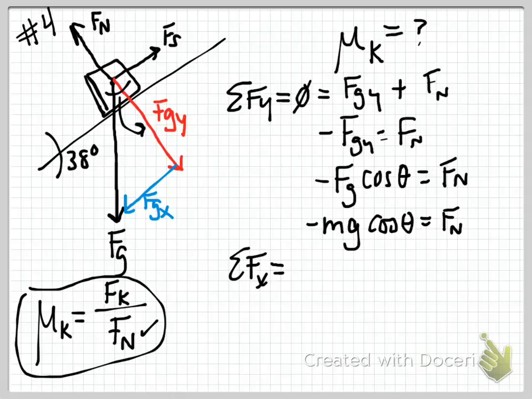So sum of forces on the x is also 0. Well, that's handy. And what forces do we have on the x-axis? We have Fs. We have F of Gx, and if it helps you, transpose that.